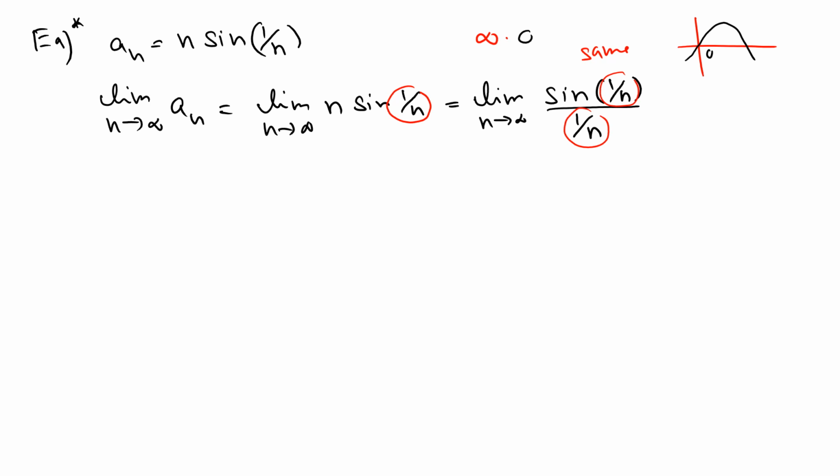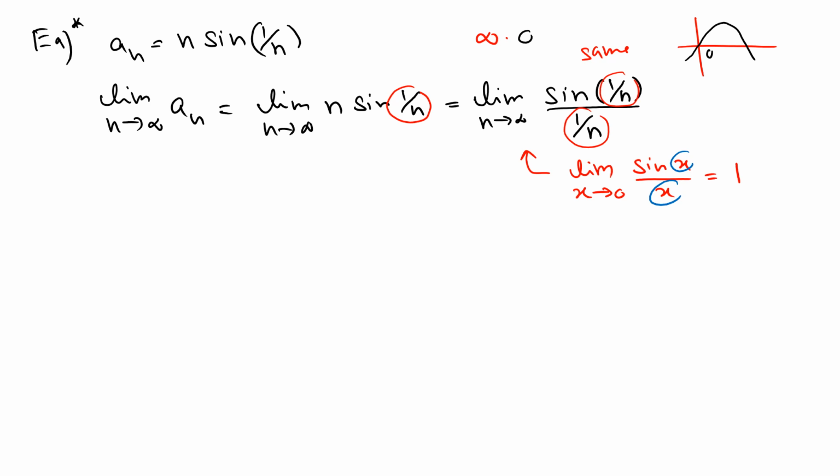Then we know a result. Remember one result from calculus which says that the limit when x goes to 0 of sine x over x equals 1. So if x goes to 0, and these two numbers are the same, this has to go to 0.